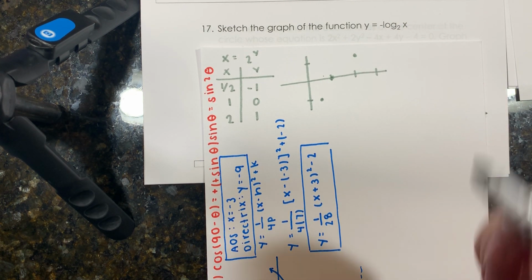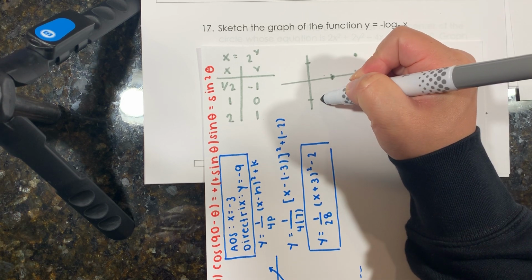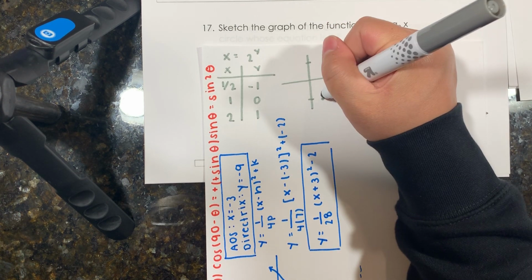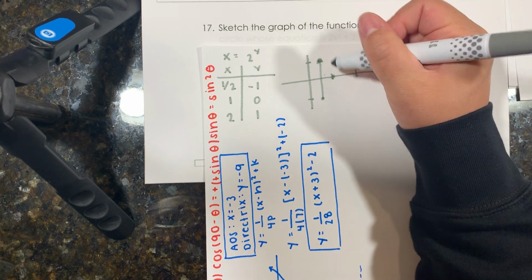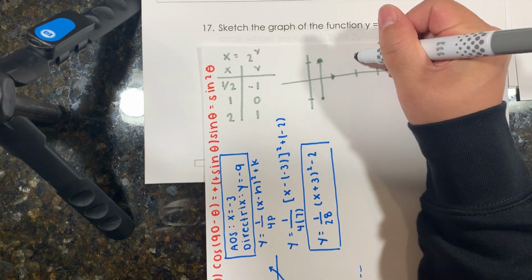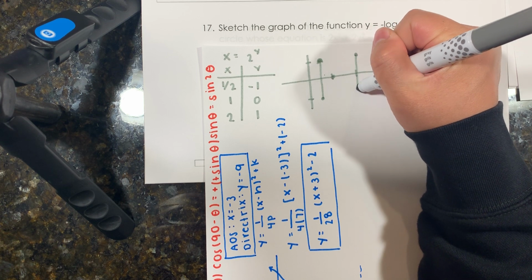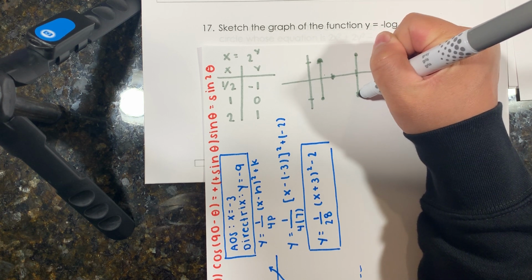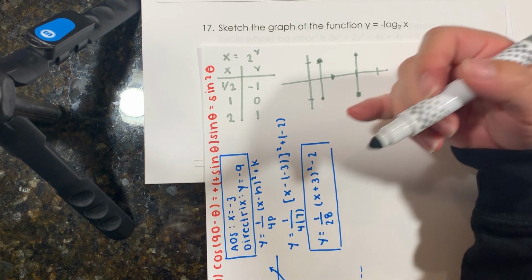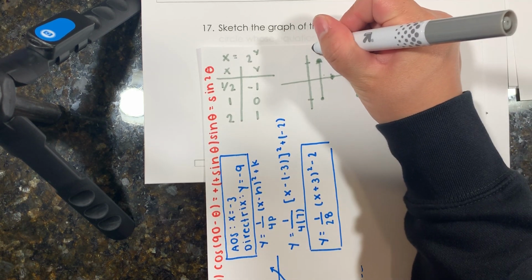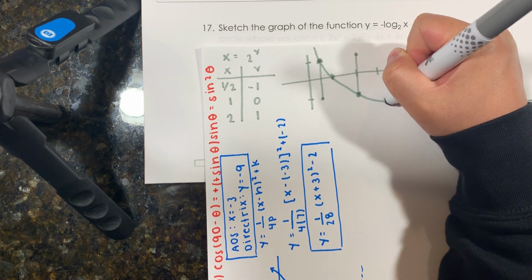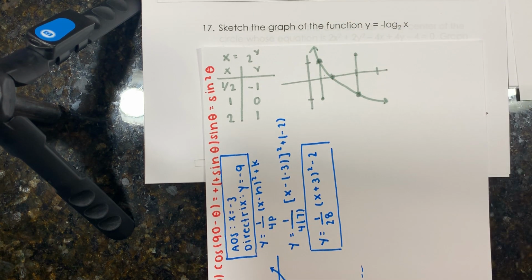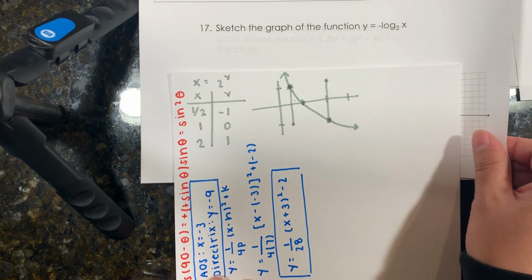But if I'm going to mirror it, that means instead of this being here, you're going to mirror it to this point here. This doesn't mirror, but this would mirror to this point here. So it just mirrors across the x-axis, and then you connect the dots. And that would be your graph. So I just mirrored it across the x-axis for number 17.